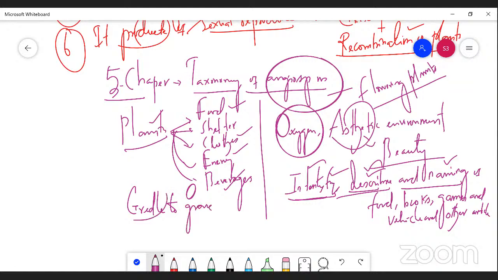A cradle is at the time of birth, but a grave is at the time of death. So what I'm telling is, each and every human being acts as a taxonomist from cradle to grave, from birth to death. Everybody acts as a taxonomist.